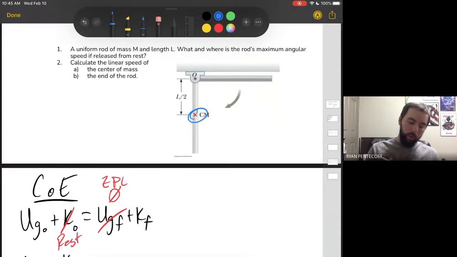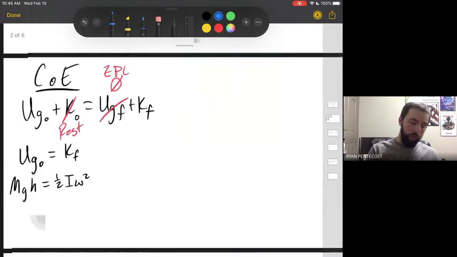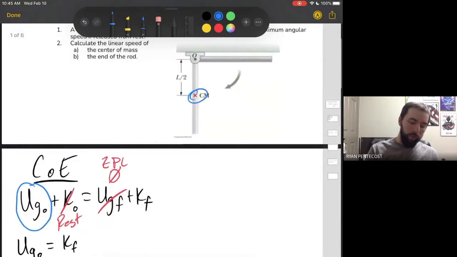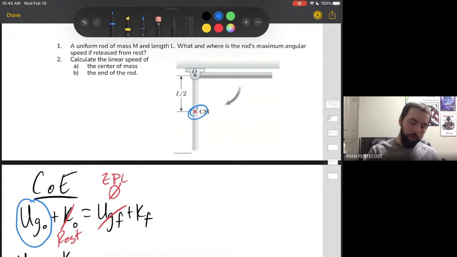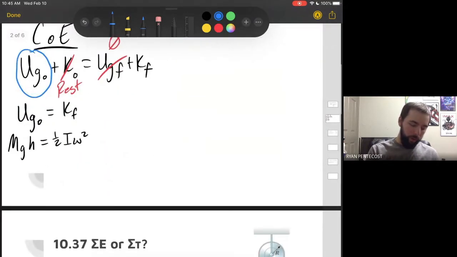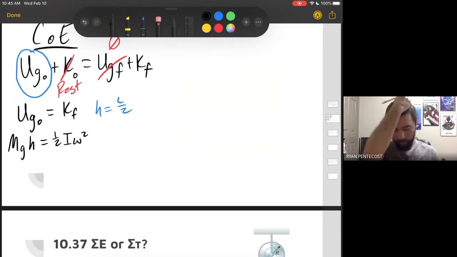That is because that is where gravity is going to be exerting its force, and we are talking about gravitational potential energy, right? So when this guy swings down, what is the change in height? That change in height will be L/2, or the radius of the rod. So we'll have H equals L/2. And we want omega, right?